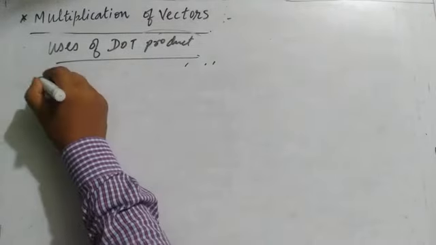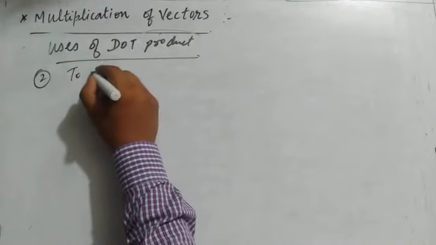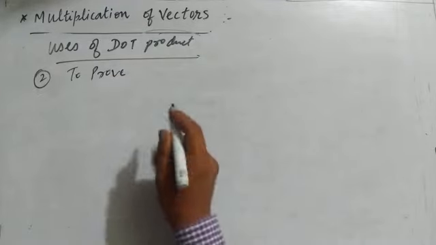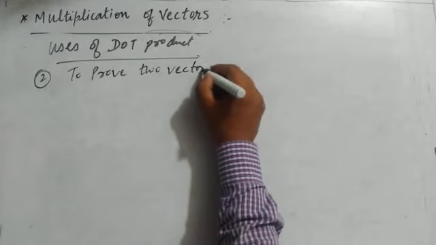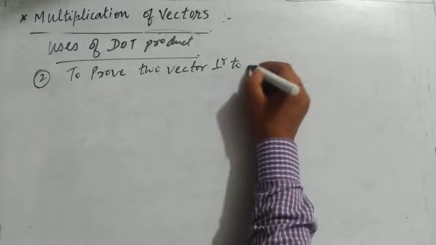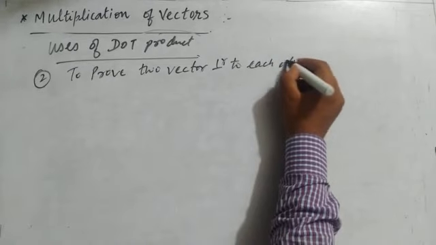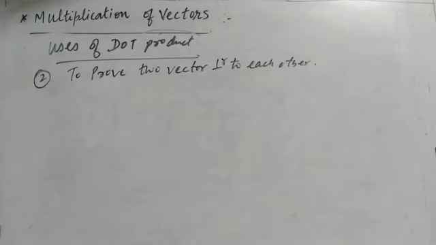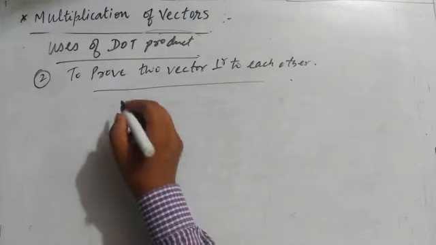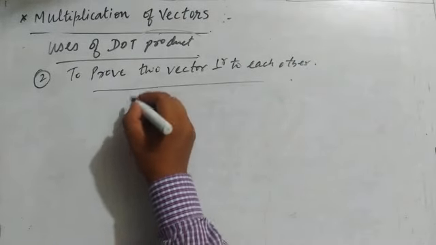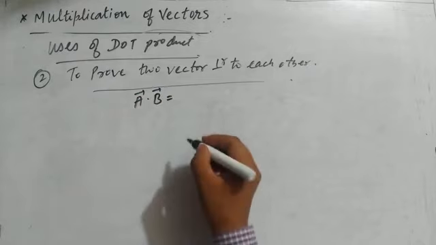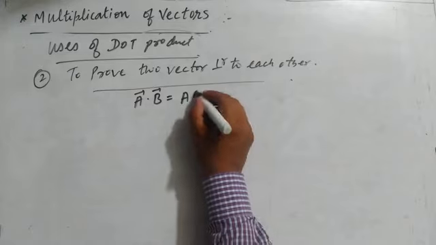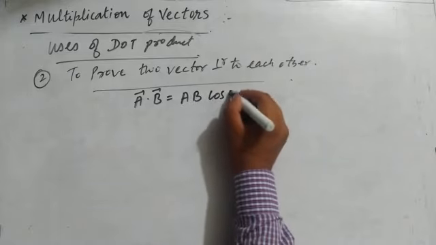Now the second use of dot product is to prove two vectors perpendicular to each other. For this, we know A vector dot B vector equal to magnitude of A into magnitude of B into cos of the angle between them.